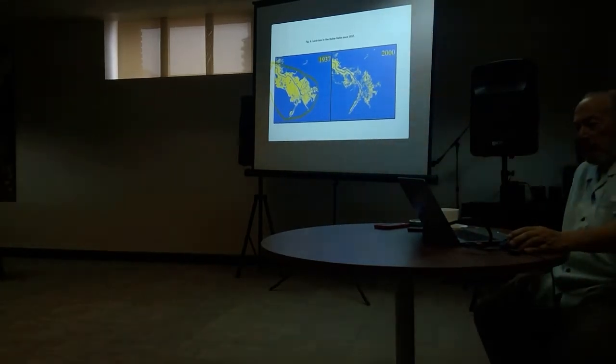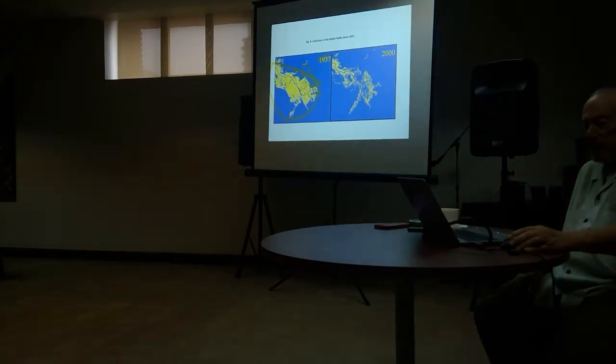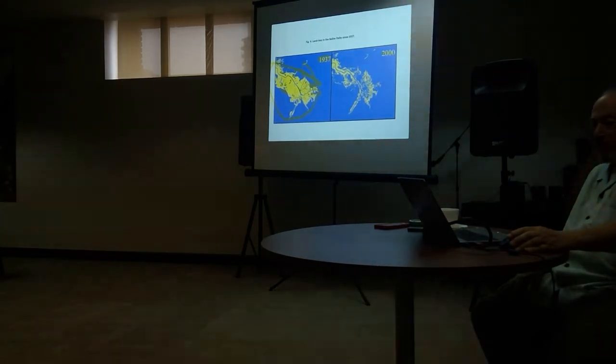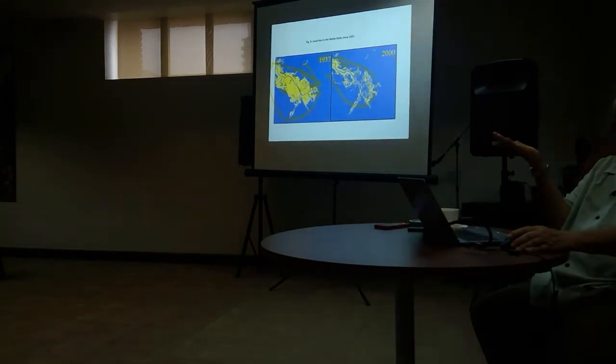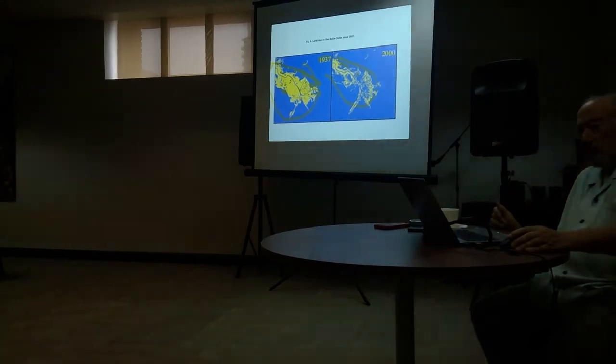Now, here, back in 1937, you had a lot of sand down here. Well, what are you going to have now in the year 2000? You will have sand below that was deposited in 1937, but now you're getting more of these quiet water lagoons and stuff, so you're going to be depositing more mud on top.